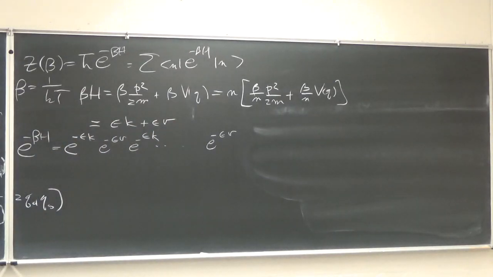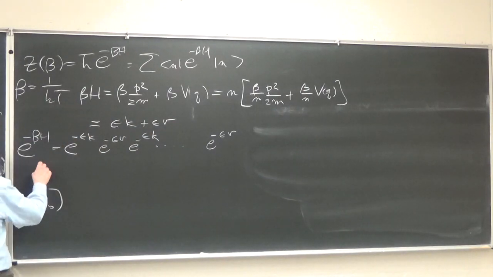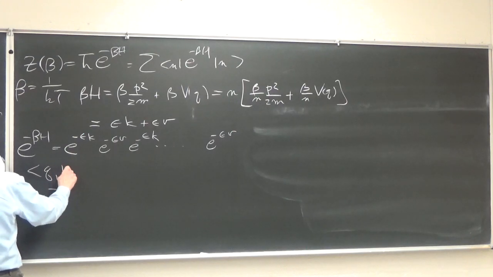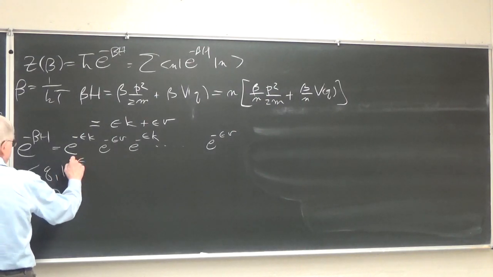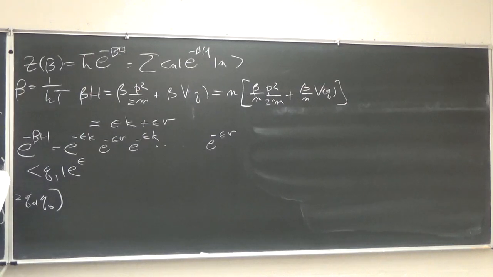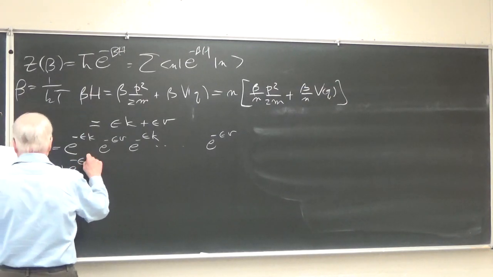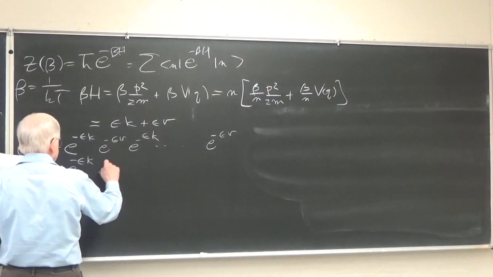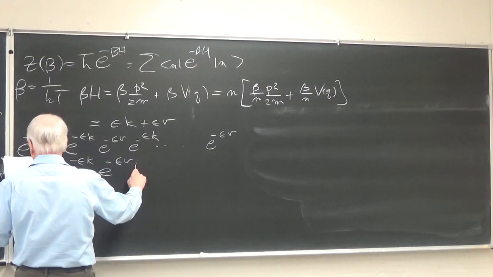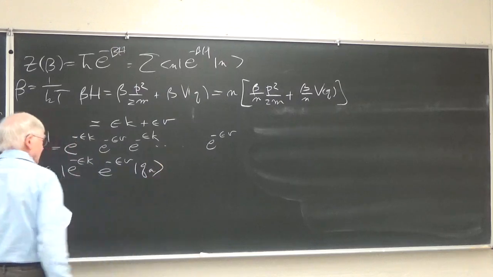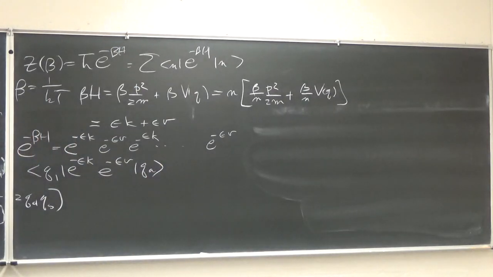And so what we do is we just take two of those factors and compute the matrix element of e to the minus epsilon K, e to the minus epsilon V, between q1 and qa. I don't know why I left out all these minus signs.